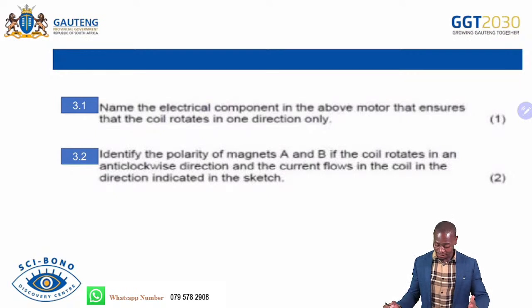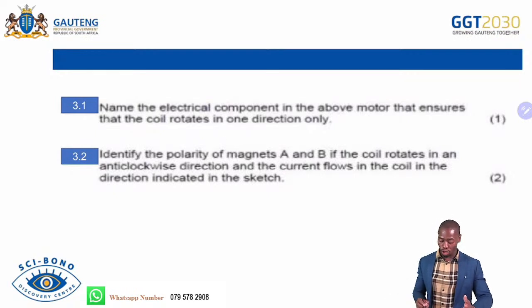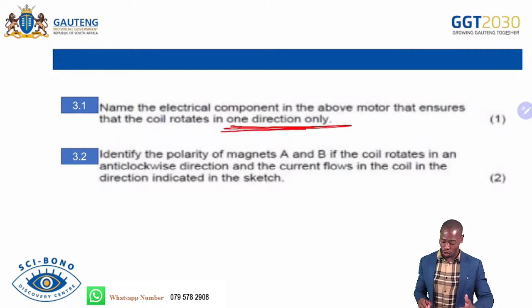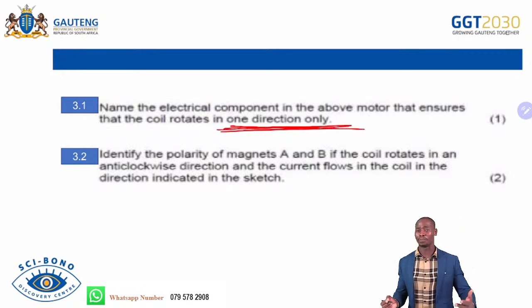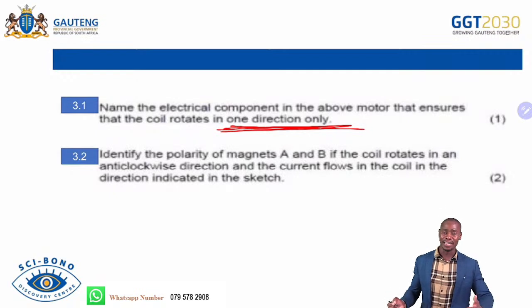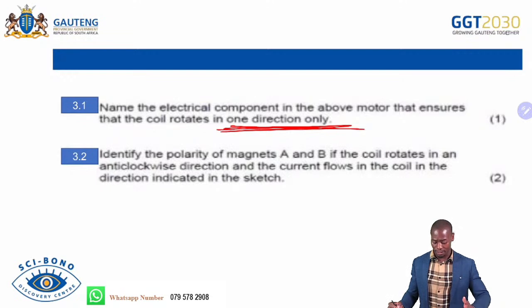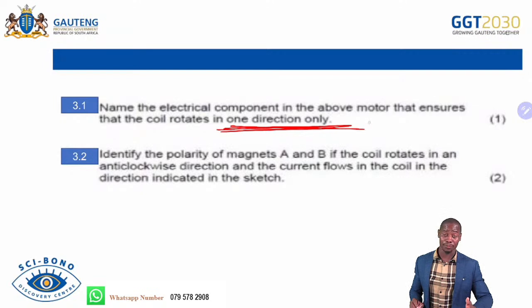Then the component that ensures that the coil rotates in one direction only, I've explained, it is a split ring commutator. The function of a split ring commutator in a DC motor is to ensure that the coil rotates in one direction. Done. So the component which is responsible for that is the split ring commutator.